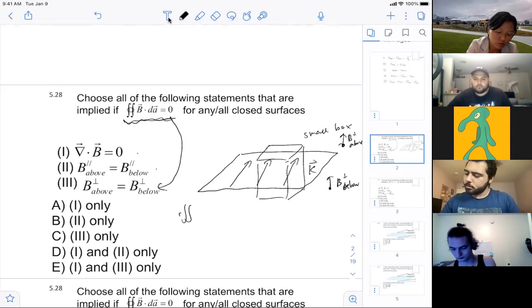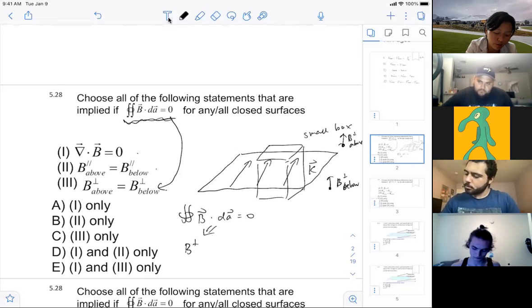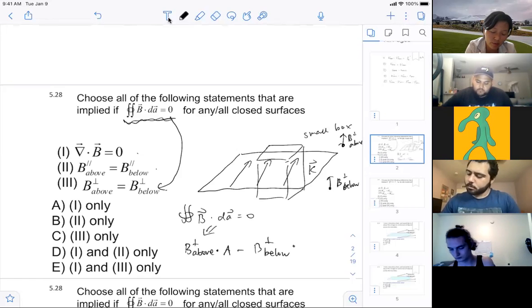So to expand the left-hand side, you have the top and the bottom surface, which will become B perpendicular above times area A minus B perpendicular below times area A. And that would equal 0.